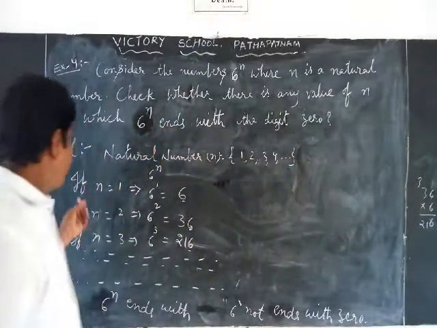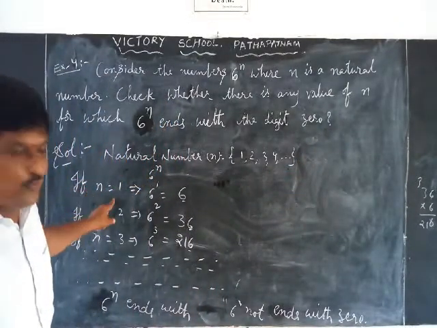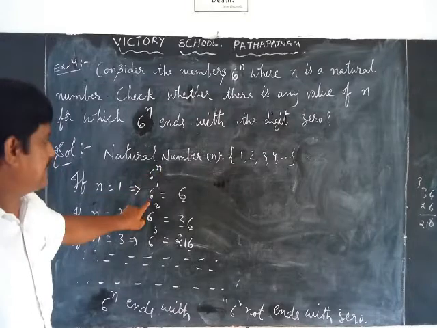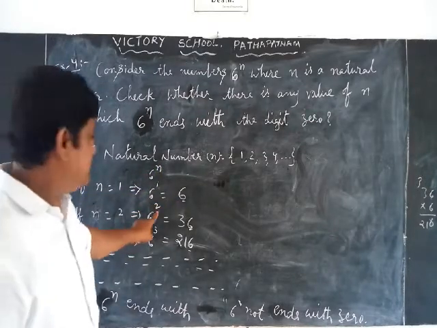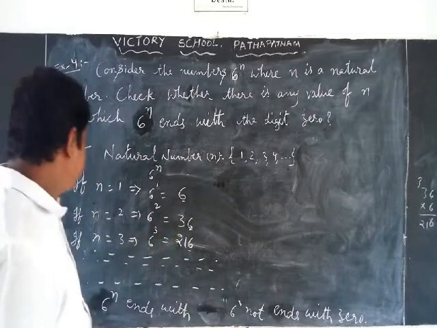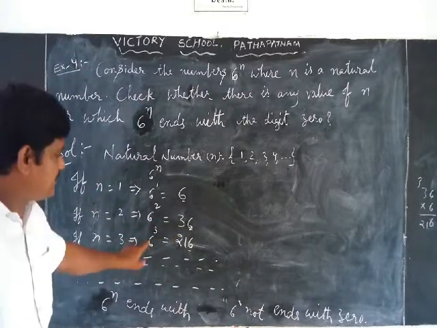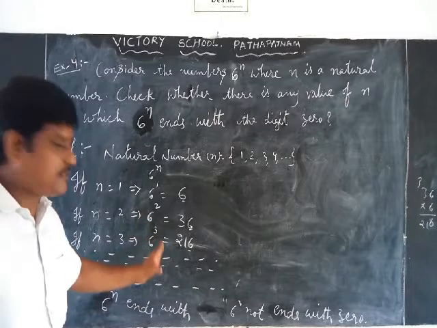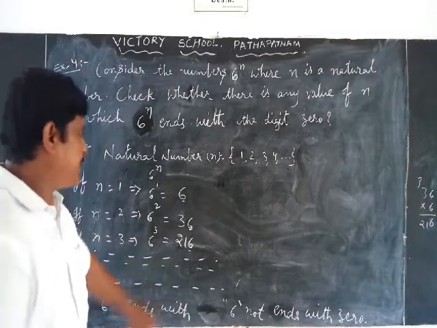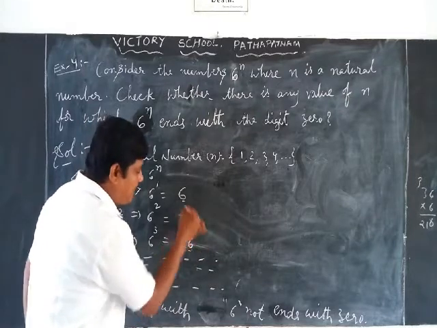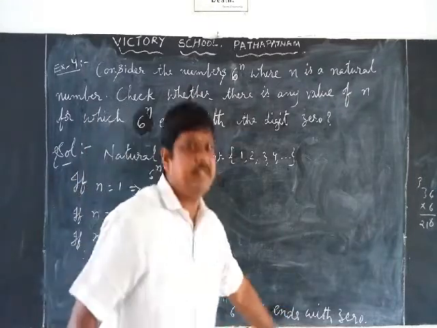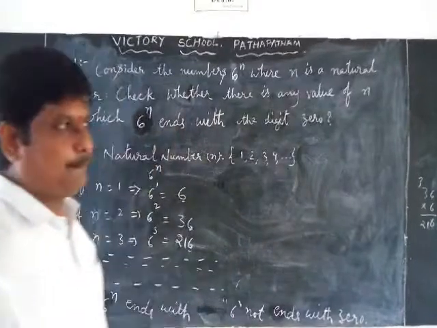If n equals 1, 6 power 1 equals 6. If n equals 2, 6 square, 36. If n equals 3, 6 cube, 6 into 6 into 6, that is 216. In the ones place or units place it ends with only 6, not with 0. Okay, understood?